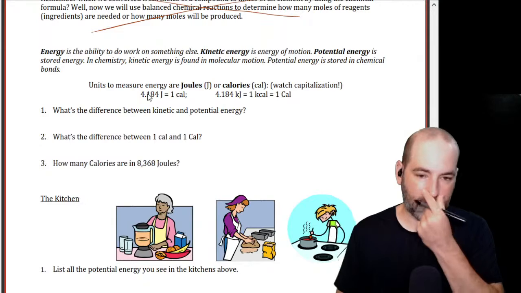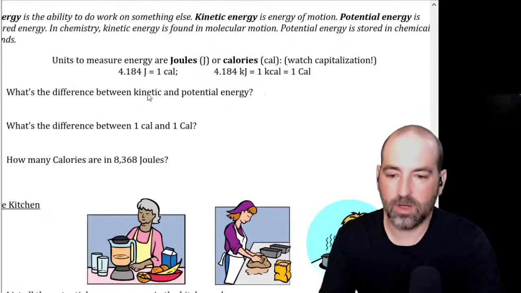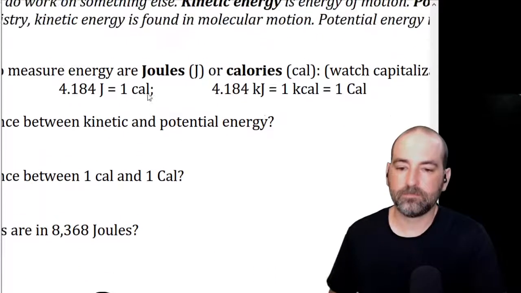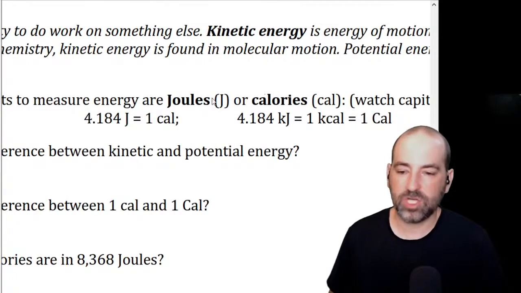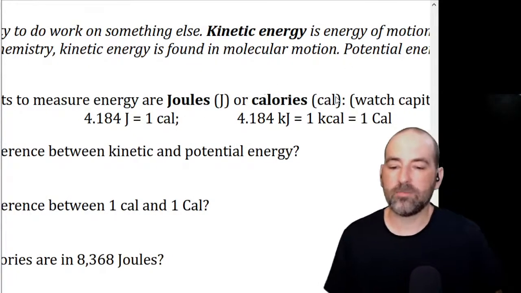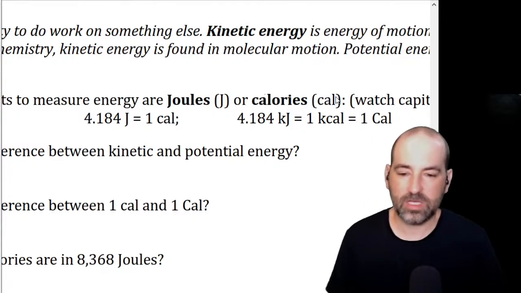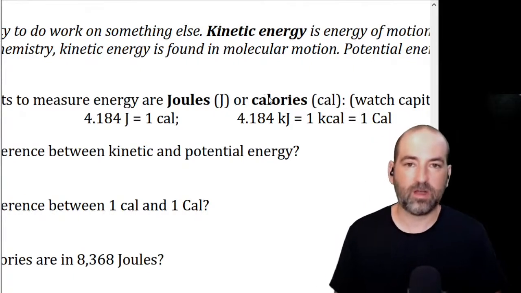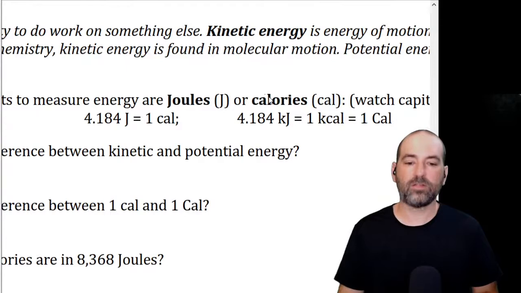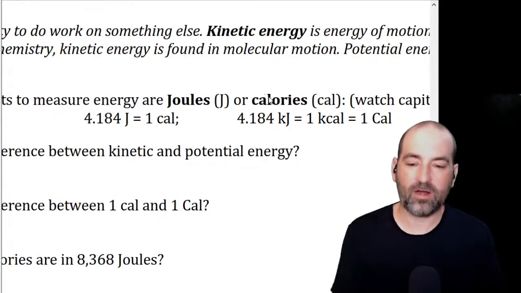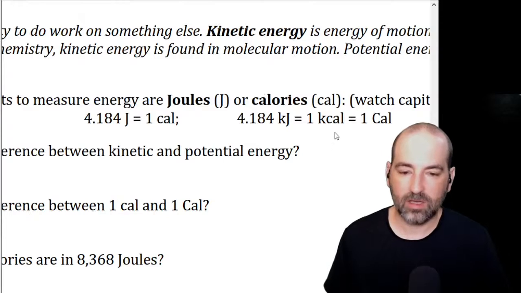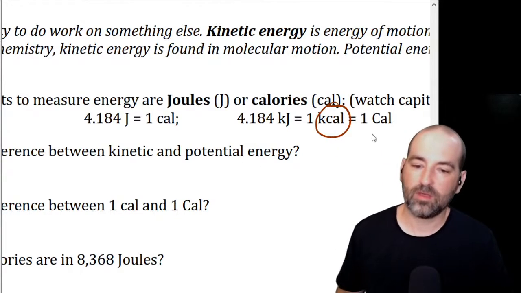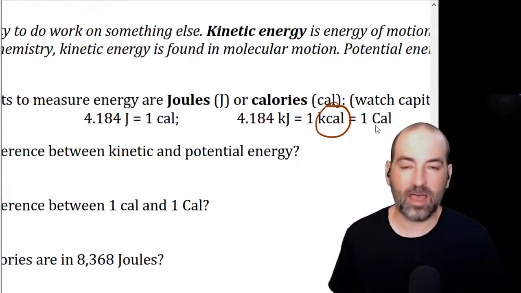We have to be a little bit careful here. I'm going to zoom in so you can see this really well. Joules is just a J, fine. Calories gets a little tricky because we use that term in our everyday life when we talk about food calories. But the food calories we talk about are not quite the same. The food calories are actually kilocalories, also known as capital C calories.